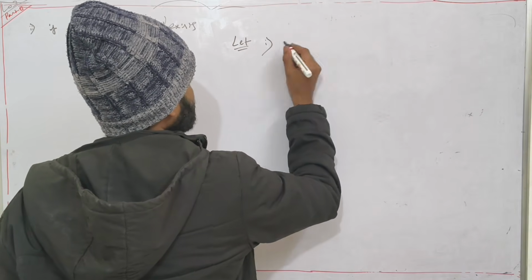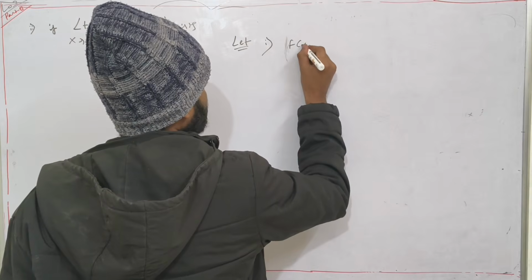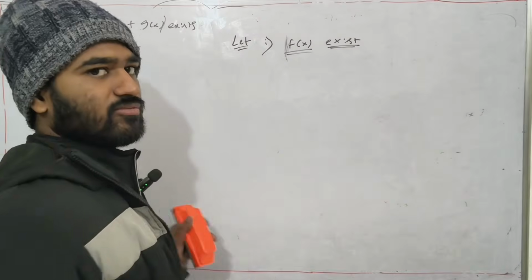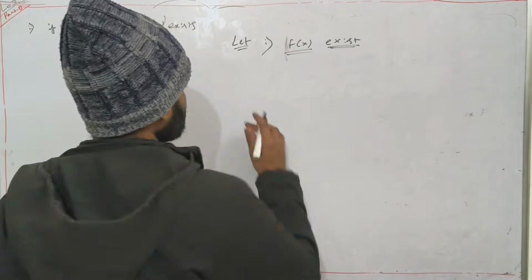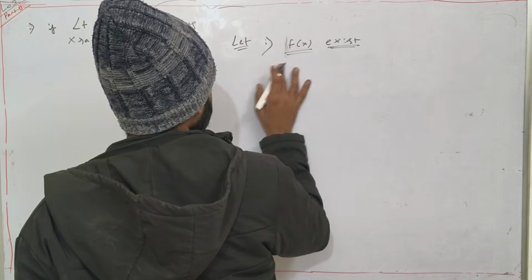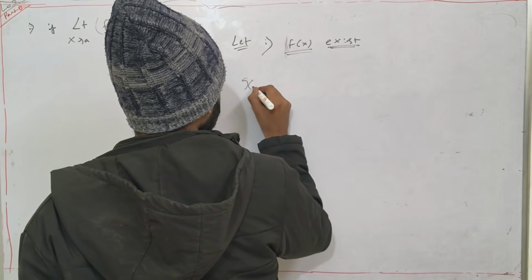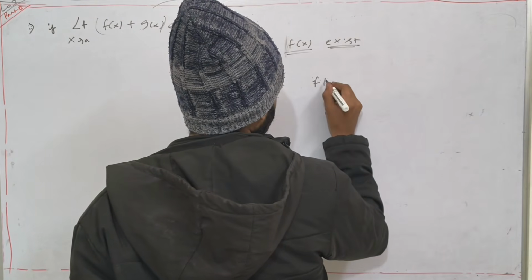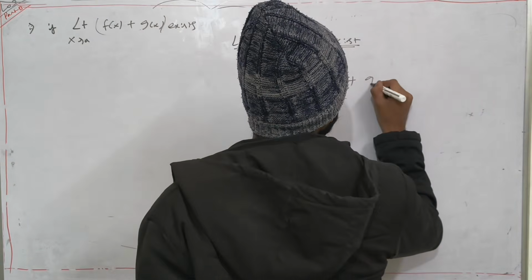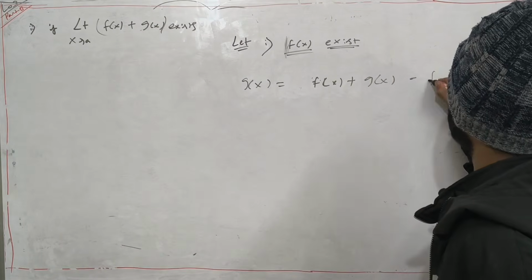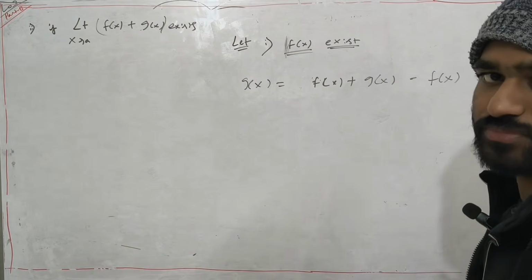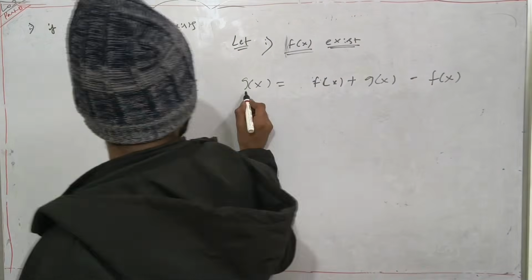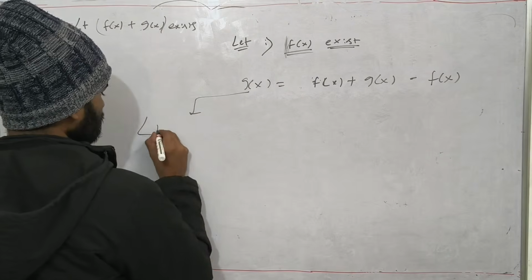Let us take one function f of x exists. Let's take one function exists, then let's see whether g of x exists or not. We can write g of x as f of x plus g of x minus f of x. Can we write like this? Now I want to find limit x tends to a g of x.